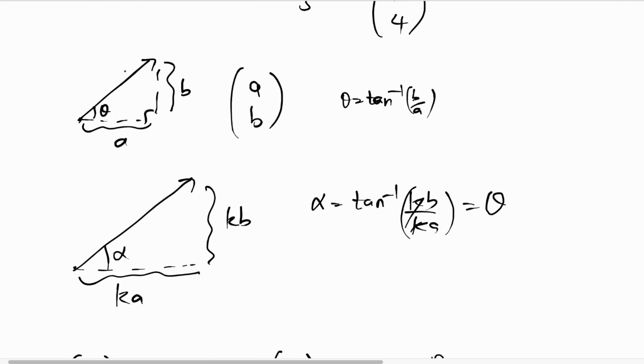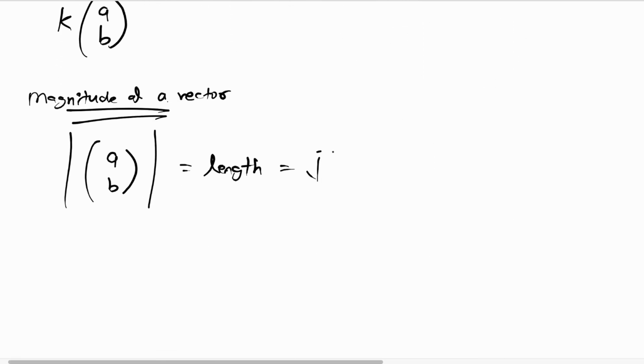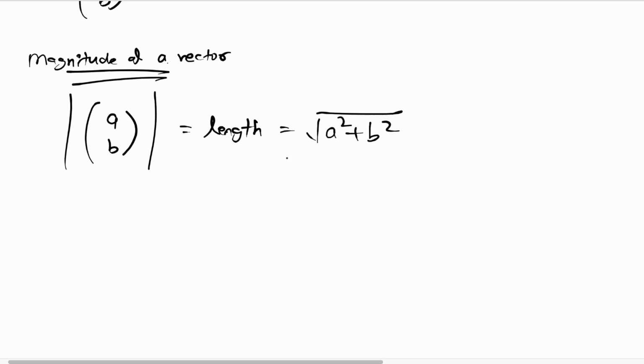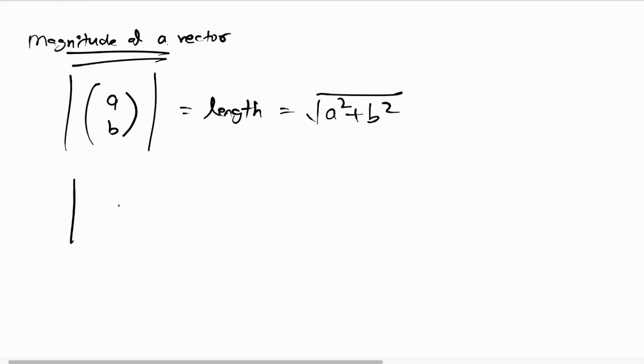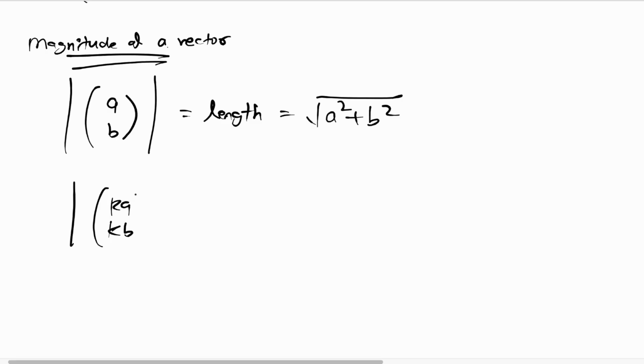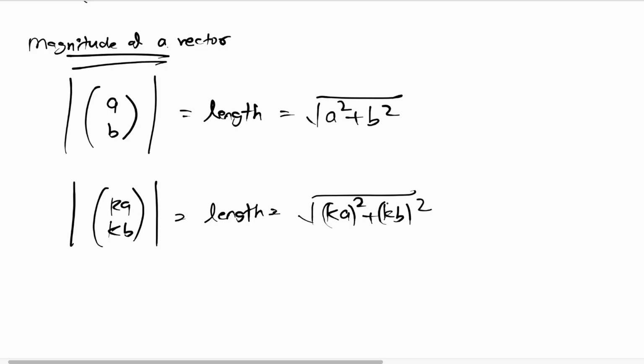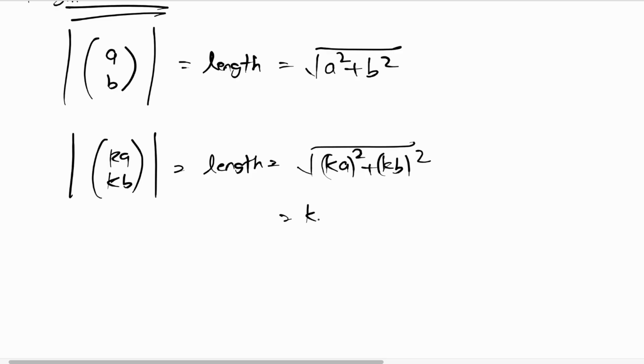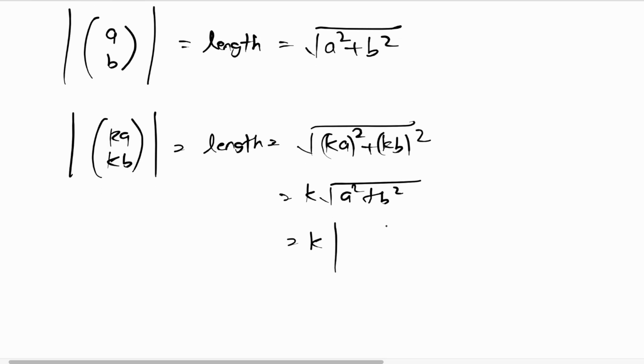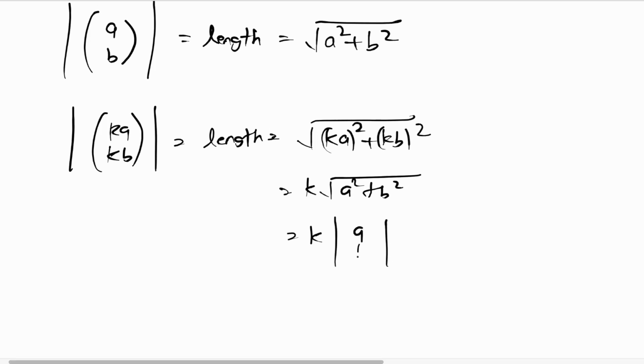So for the first vector, the length of the vector is root a squared plus b squared. Now if I define the magnitude of (ka, kb), its length is equal to square root of ka the whole square plus kb the whole square, which is k times root a square plus b square, which is k times the modulus or the magnitude of (a, b).